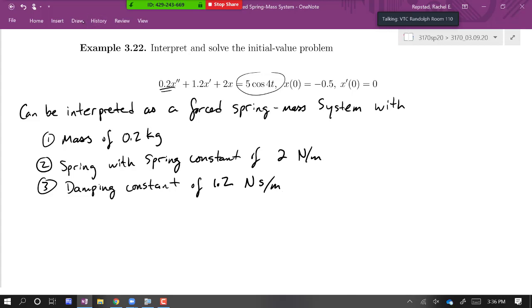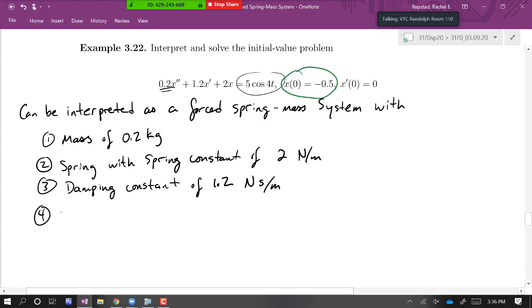What about this stuff right here? Maybe let's just start here. What does that tell us? We could say x of 0 is negative 0.5, so that would mean that it is pulled down half a meter.